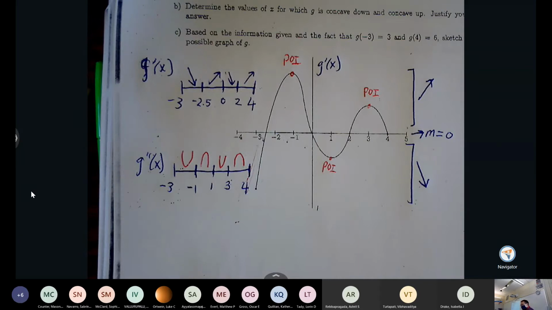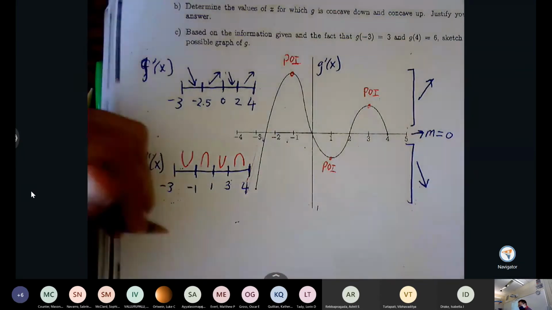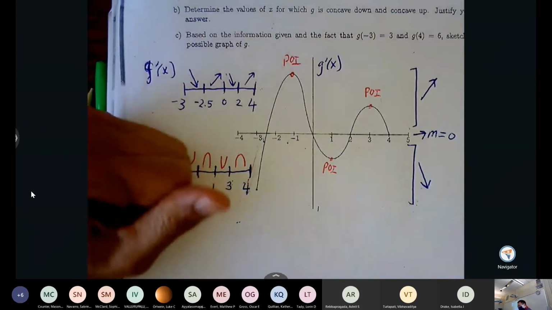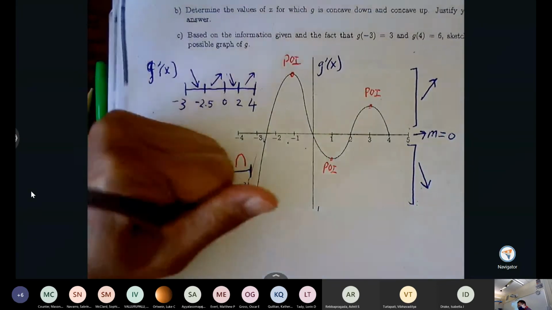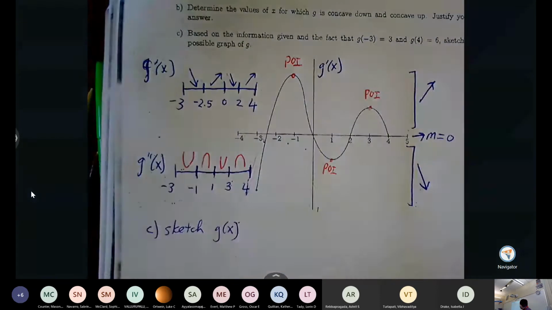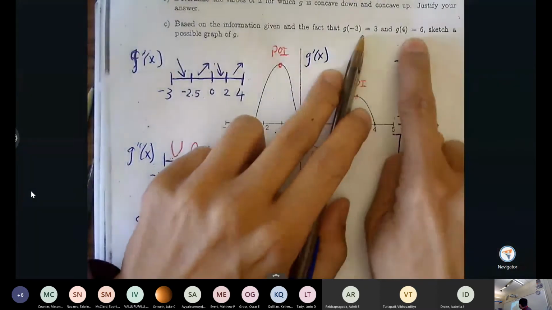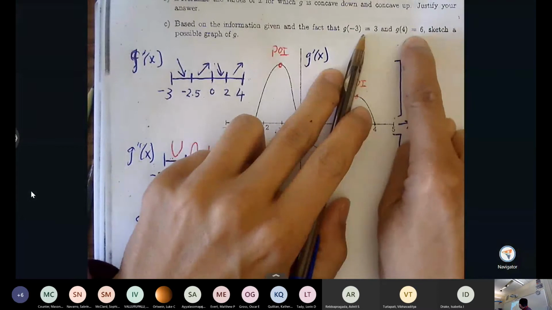Okay, so now for part C, we're going to build our g of x graph. If we look at the problem here, it says we have some ordered pairs that are kind of anchoring our graph a little bit.